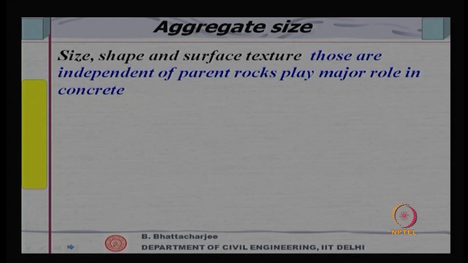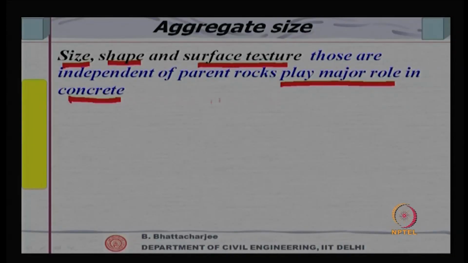Size, shape and surface structure are independent of the parent rock, but play a major role in concrete. So, the thermal properties, the porosity, chemical composition, mineralogical composition will be the same as the original parent rock itself.